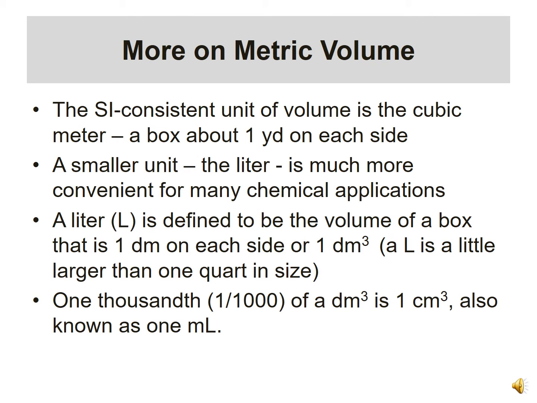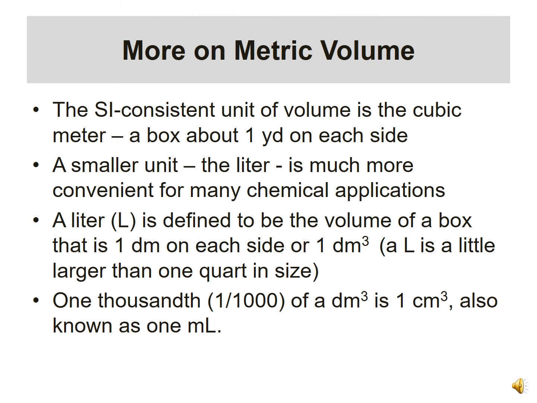We go a little bit further with the liter because we very often use a smaller unit. A natural thing to think about is if I took 1,000th of a cubic decimeter, or 1,000th of a liter, since a cubic decimeter and a liter are the same thing, that 1,000th, using our metric prefix expertise, would be a milli. So I took 1,000th of a liter, I can call it a milliliter.